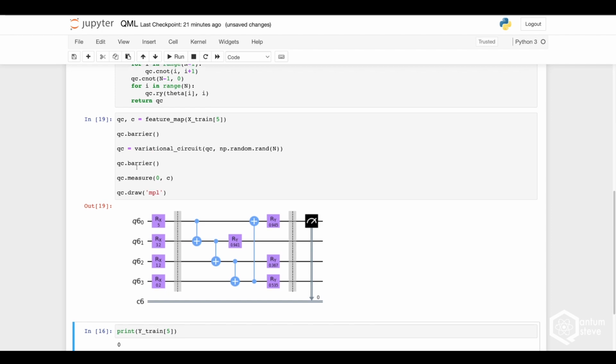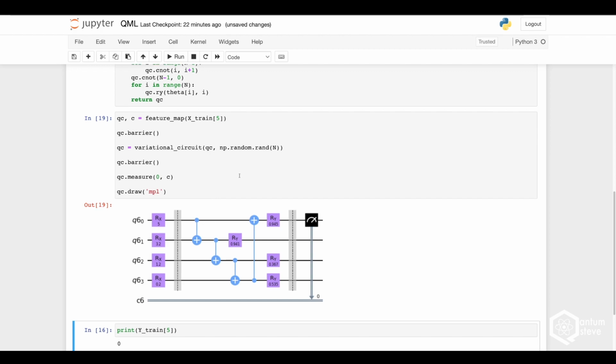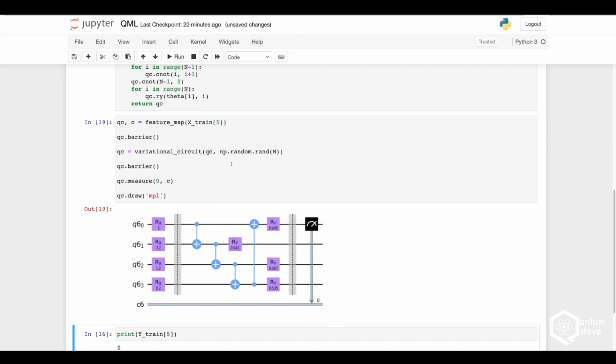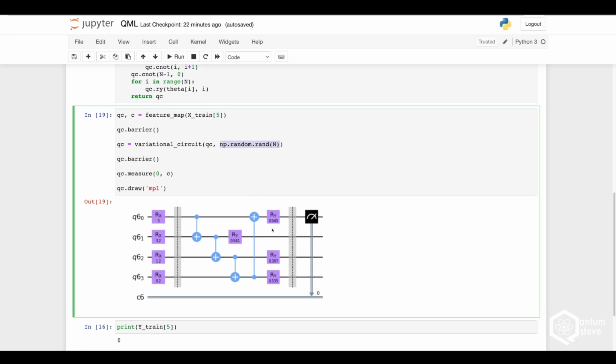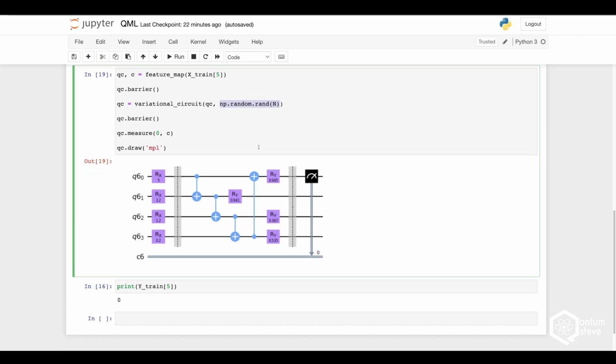Alright, so now I've put here the variational circuit in between these gray lines, the barriers. And as I said before, this variational circuit now contains RY rotations, so we're rotating around different axes. And these rotation angles here, I've put just random angles for illustration. But the goal is that we want to learn those angles. We want to learn the optimal angles such that our quantum circuit outputs the right class.